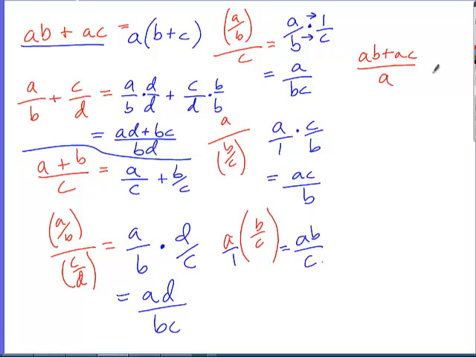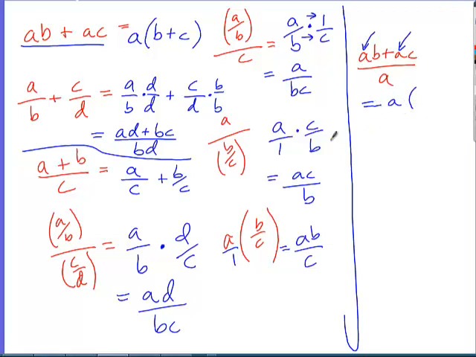ab over c. And finally here, now be careful not to do that, because we have more than one term here. But the good news is we have the a factor in both of those terms. Okay? So we can say, just like we did over here, rewrite this as this. So it's going to be a times b plus c over a.